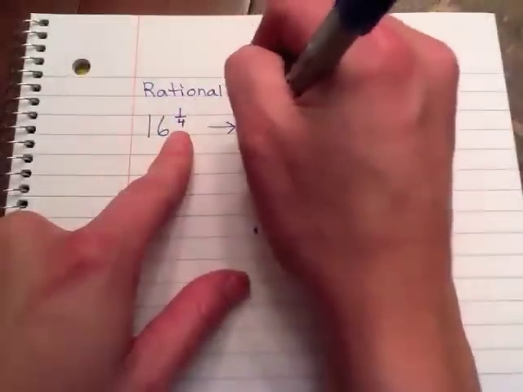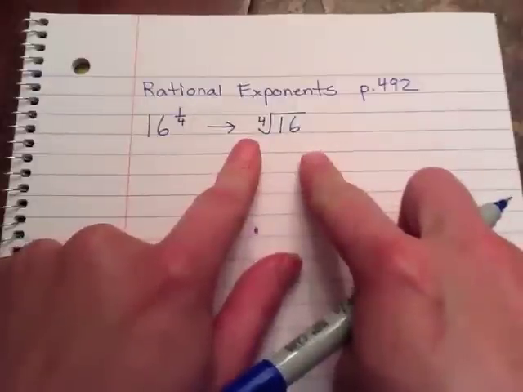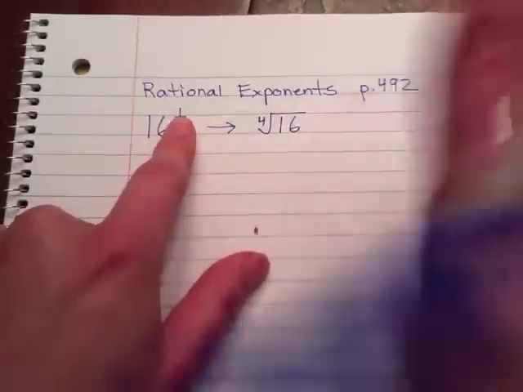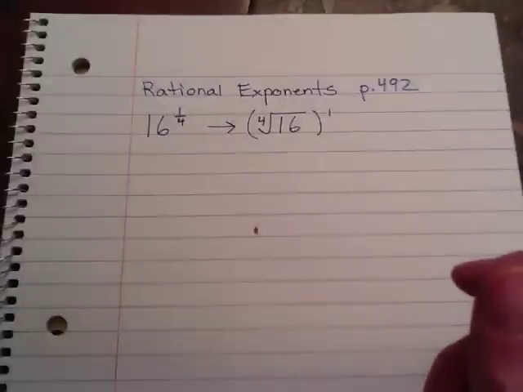So the 4th root of 16. And that whole answer to the 1st power, which isn't going to change our answer in this case because it's just to the 1st power.